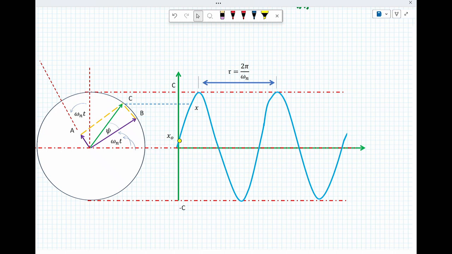My A and B define where those terms are, or C, which is essentially the hypotenuse of the right triangle made of A and B with an angle psi in between.